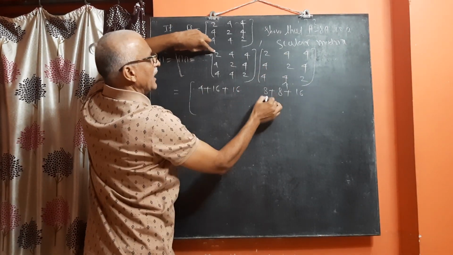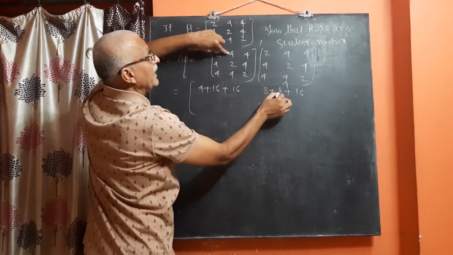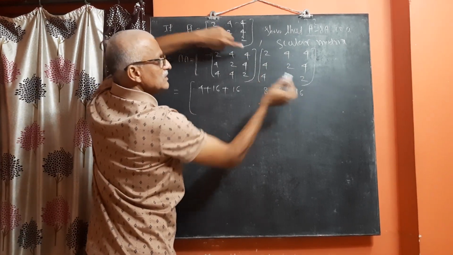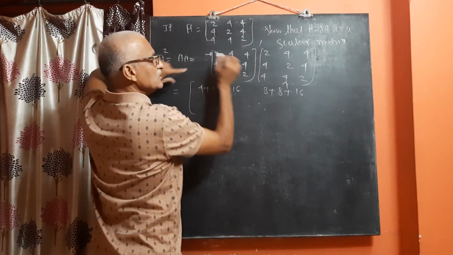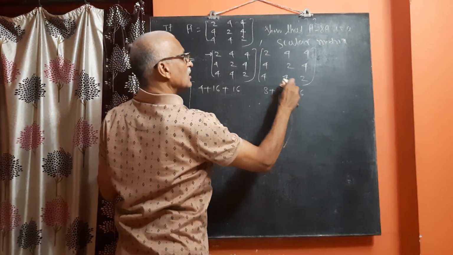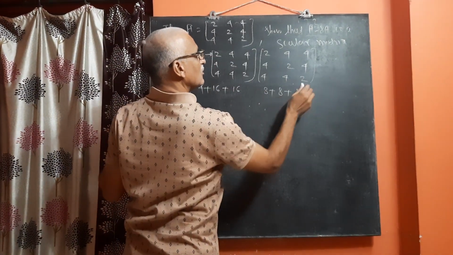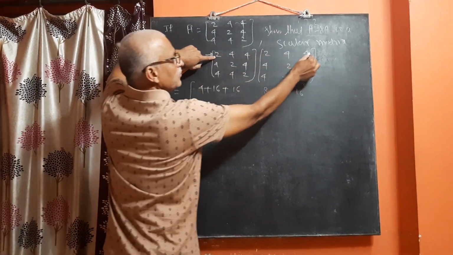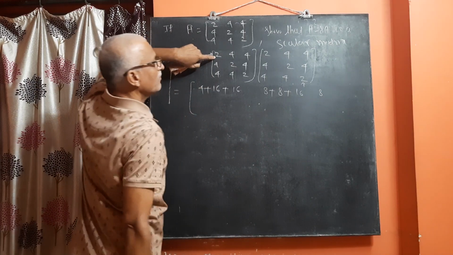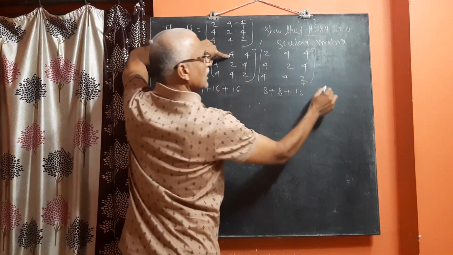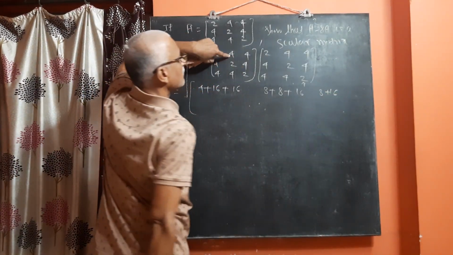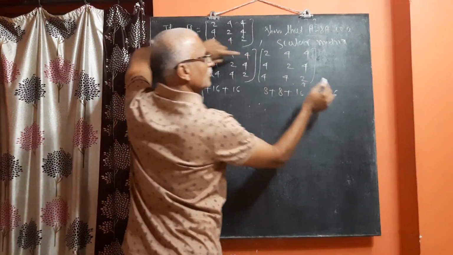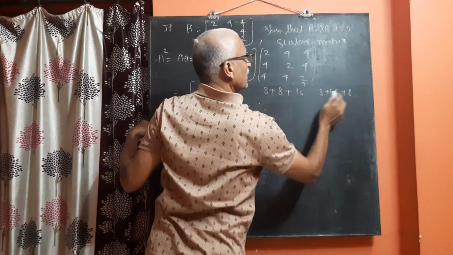Then first row, third column: 2 into 4 is 8, 4 into 4 is 16, 4 into 2, that is 8.